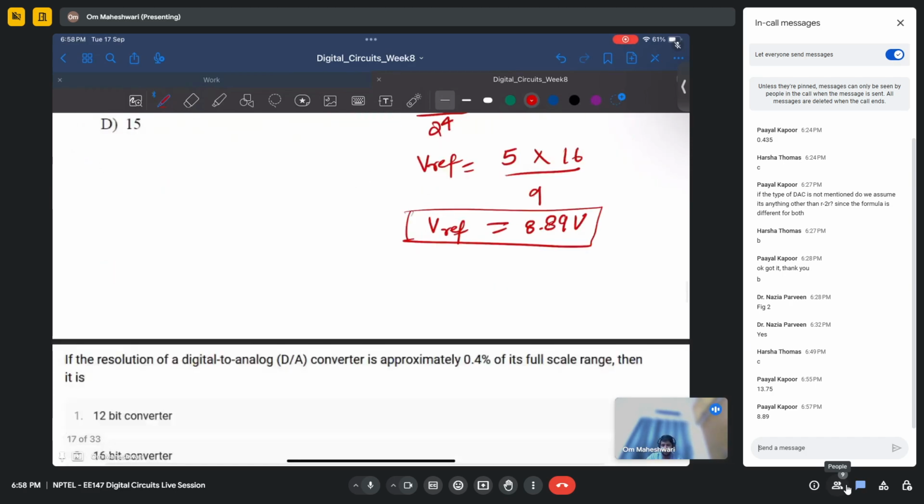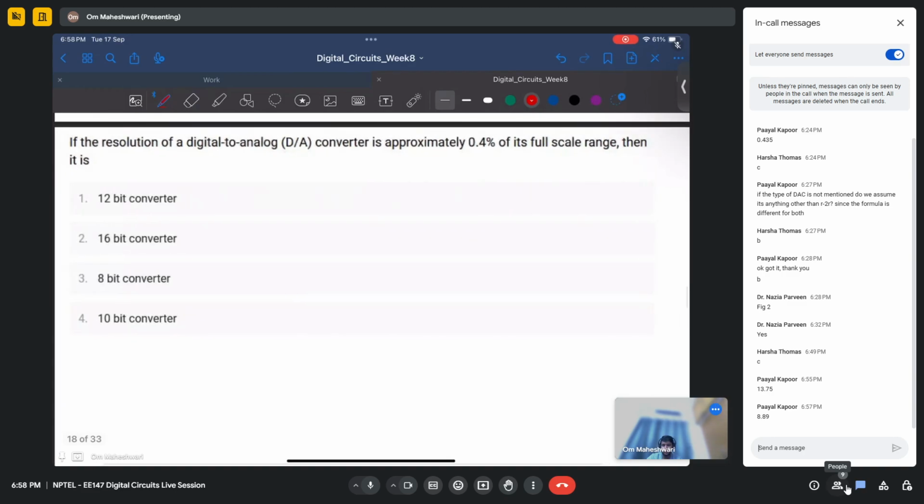Okay, so next question. If the resolution of the digital to analog converter is approximately 0.4% of its full scale range, then it is how many bits of converter?